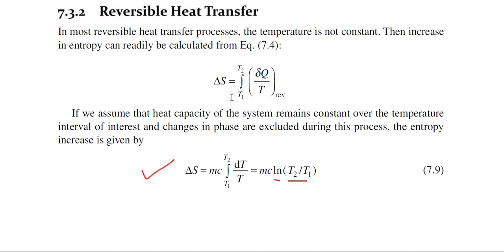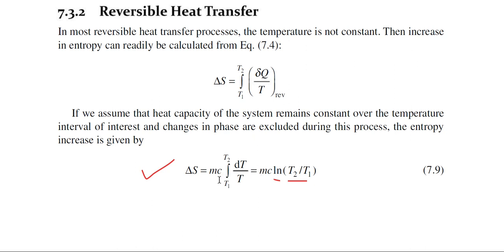In general, we know that delta S or dS is equal to delta Q by T, but in this particular temperature range, that is from T1 to T2, if the process is reversible, then delta S can be calculated by integrating dQ by T from T1 to T2, and we know that delta Q can be written as mass m into heat capacity C into temperature change, m c dT.